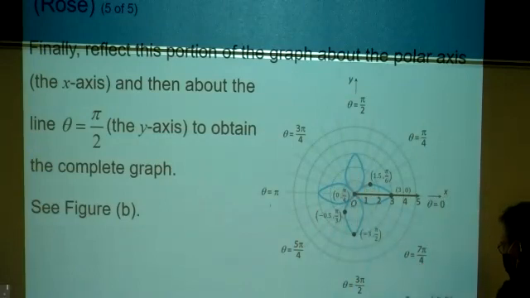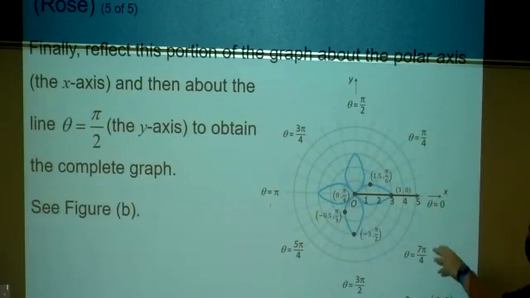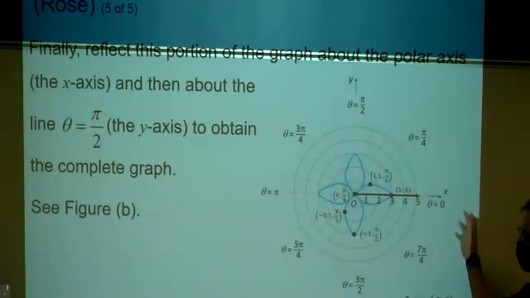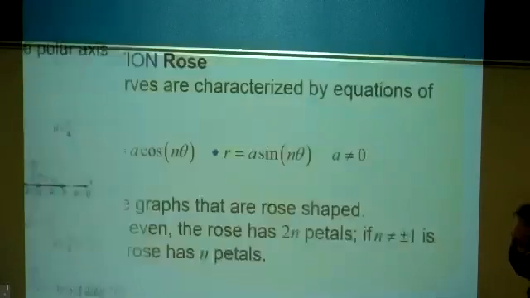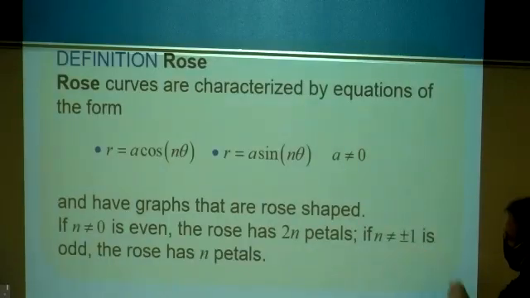If this was 3 theta, then we would have only 3 petals. But if it was 5 theta, then we would have 5 petals. But if we had 4 theta, we would have 8 petals. That's what this last statement down here is saying.